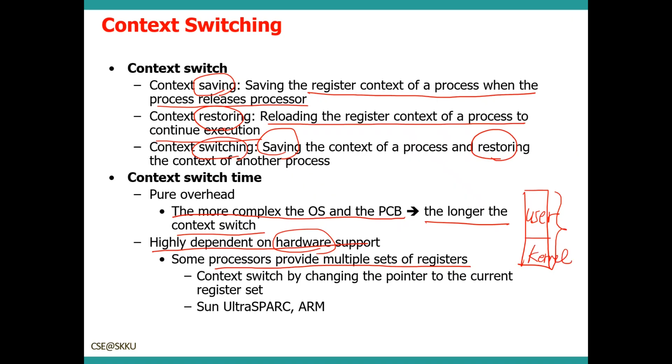So when a user process is stopped by a trap or interrupt, the processor only needs to save the user registers instead of the kernel's, which can reduce the register saving time. So a context switch can be performed by changing only the pointer to the register set. For example, some UltraSPARC or ARM processors support this feature.